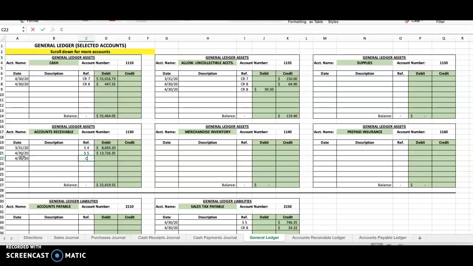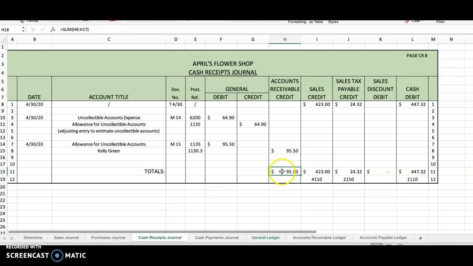And again, from cash receipts, page 8, and a credit of $95.50, reducing the total that we can expect to collect. And 1130 goes back into the journal at the bottom.